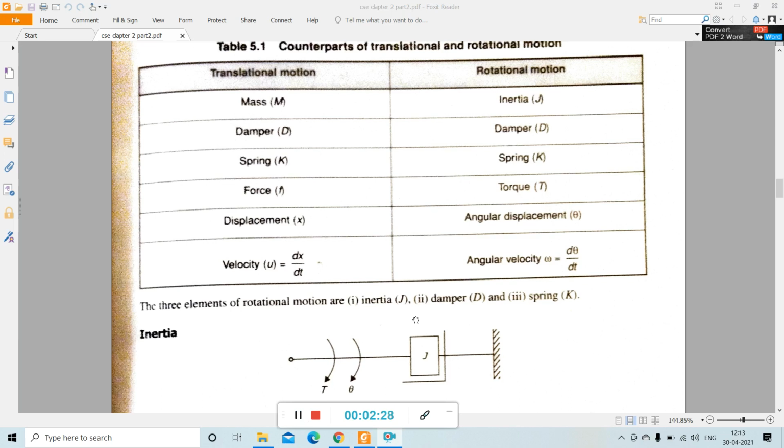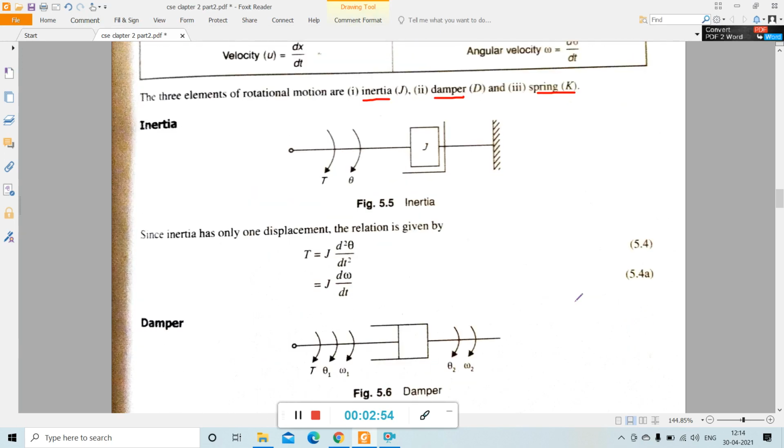Then in place of displacement we are using angular displacement theta. In place of velocity we are using angular velocity omega. Then omega is equal to d theta by dt. So the three elements for rotational motion are inertia J, damper D, spring K. Here inertia is J, torque is T, and the angular displacement is theta.